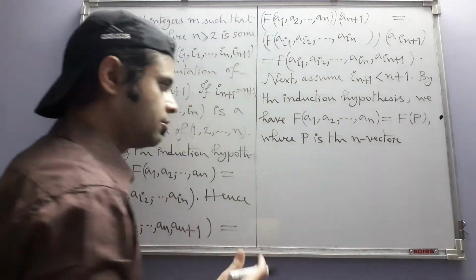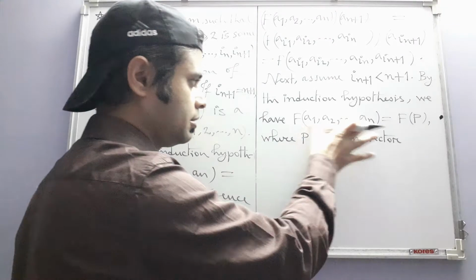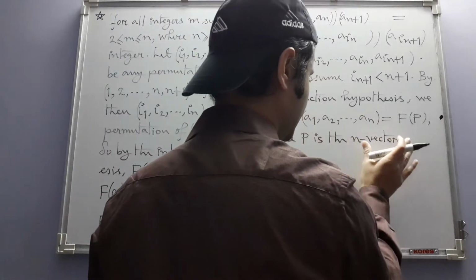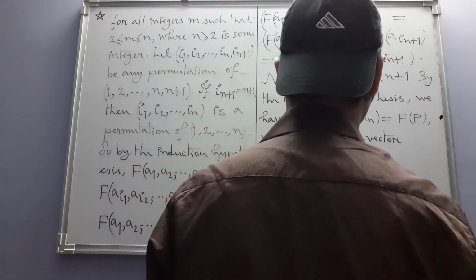If you don't want to write n vector, you can write n tuple also, because that's what we mean when we say n vector here.